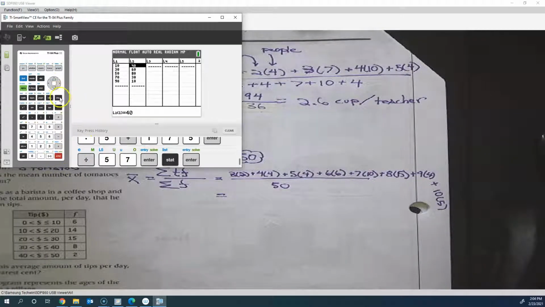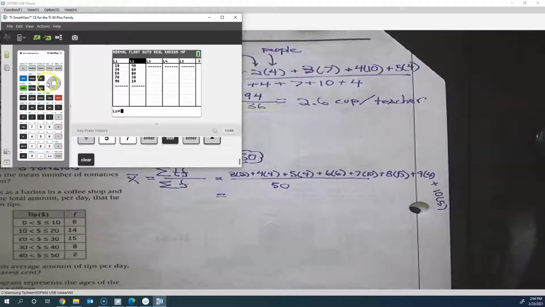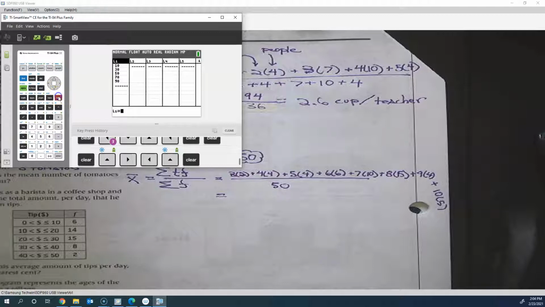If there's anything in there, clear it out. So I just highlight L2, clear. Now I got to highlight L1 and clear. Okay, so what I'm going to do here is I'm going to put the values in L1 and the frequencies in L2.